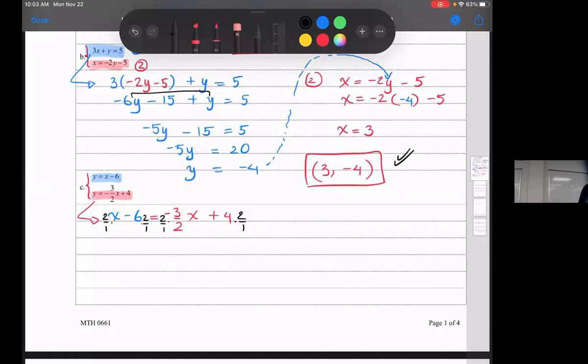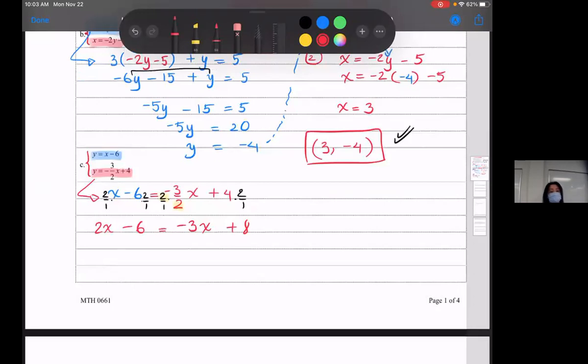So what do I have? I have 2x minus 6 equal, on the fraction one, the 2 cancels, right? So it's just negative 3x plus 8. Oh yeah, minus 12. Thank you very much, Emma.